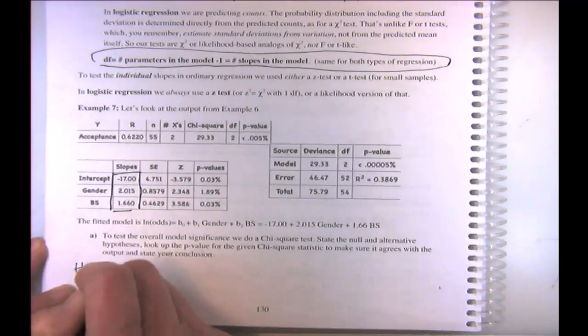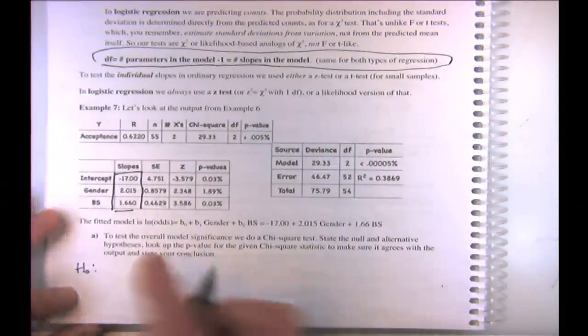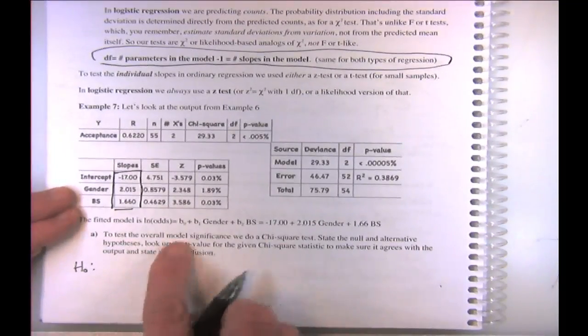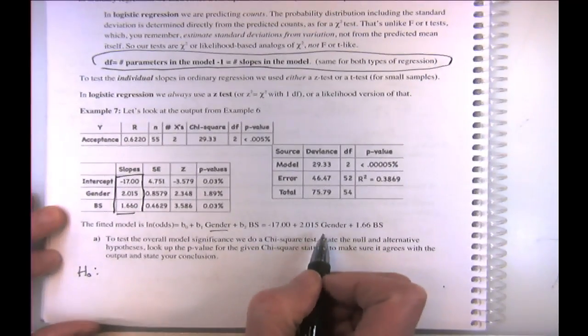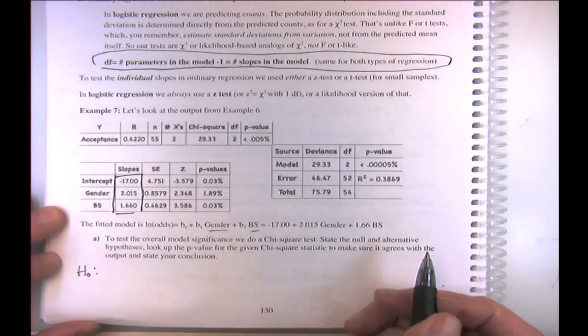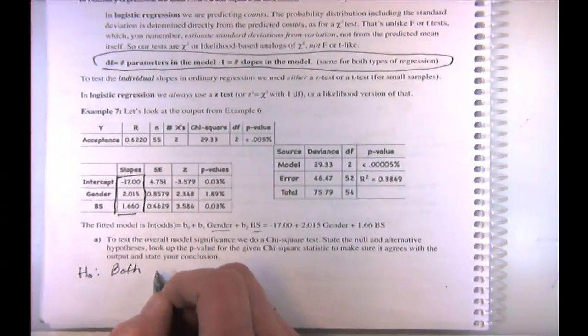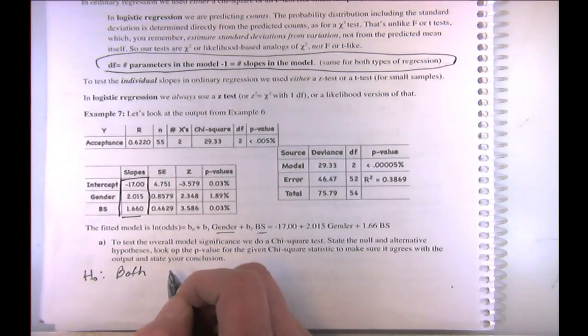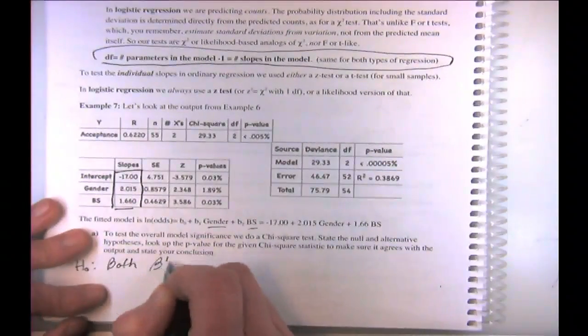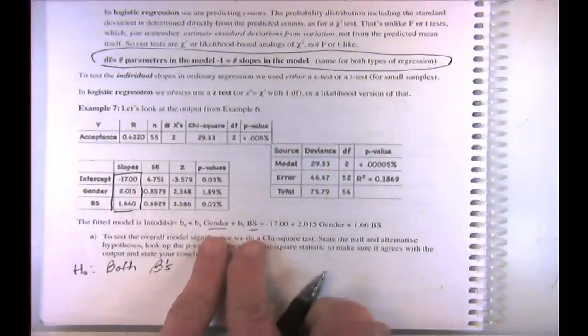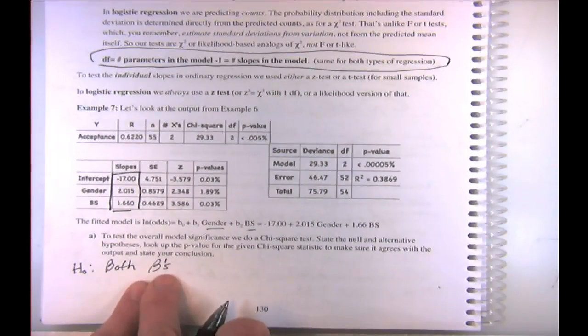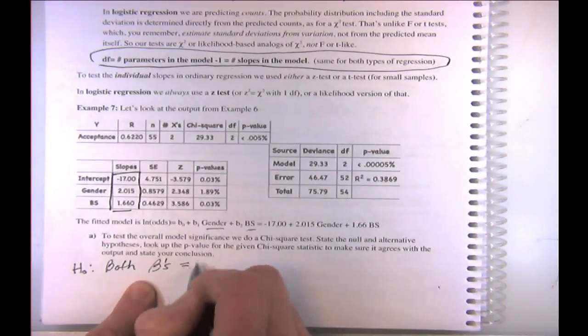The null is what? That in this case, both of the two slopes, the gender slope and the biological science slope, are 0 in the population. Okay? So both betas, meaning in the population, are equal to 0.